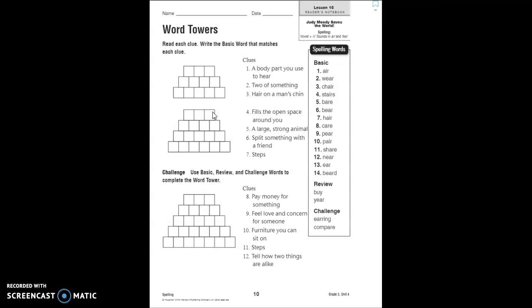And what's filling in that space? Number 5, 4 letters. A large, strong animal. Well, we only have one animal here, guys. Make sure you pick the correct one. Correct spelling is what I want to say. 4 letters.